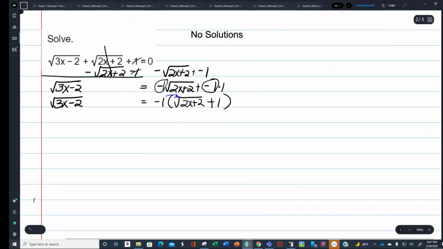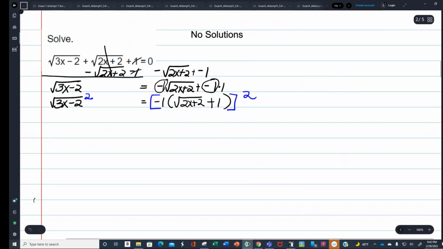And the reason I did it is that when you have a bunch of negative signs running around and you're going to square both sides, that can become confusing. So I'm going to unconfuse the situation a little bit. I'm going to square the left side, which is only a radical, and over here on the right side of the equation, I'm going to square the entire right side.